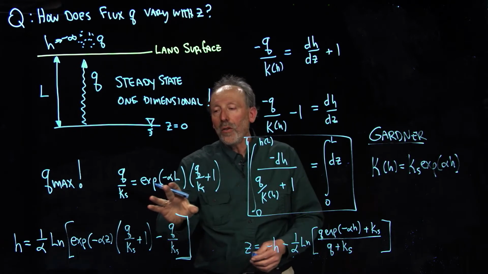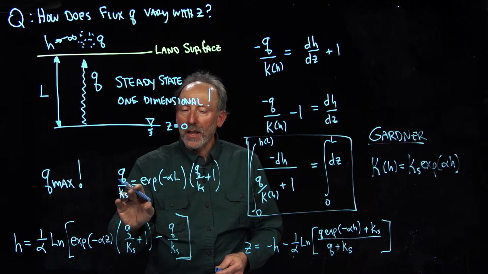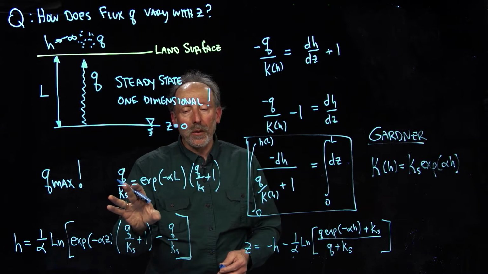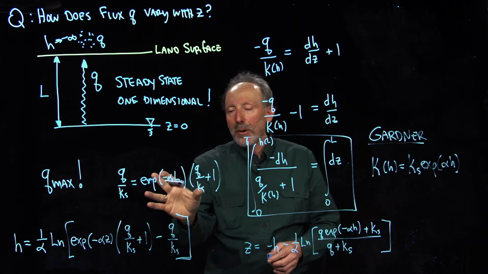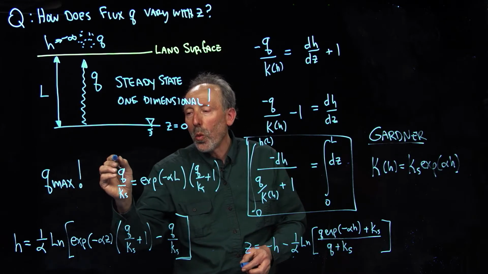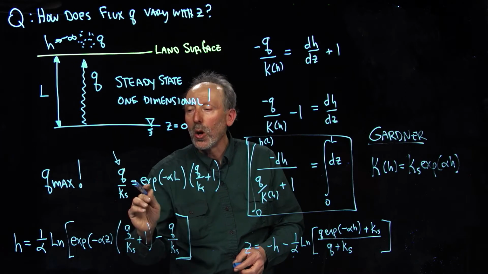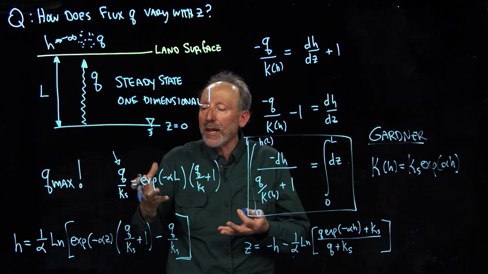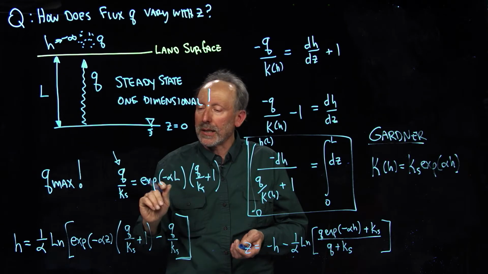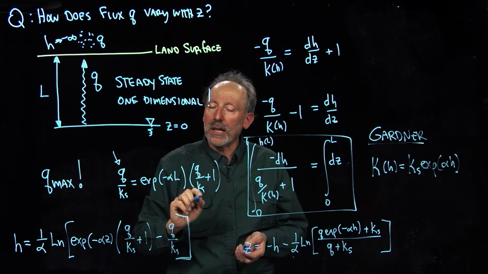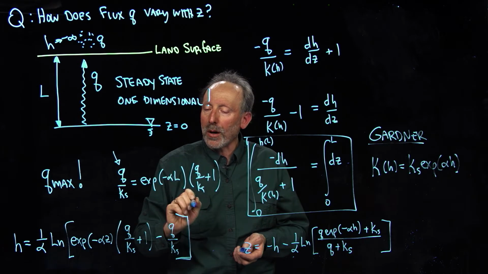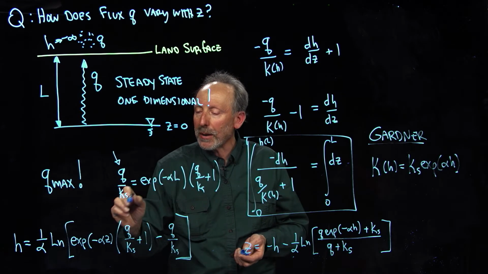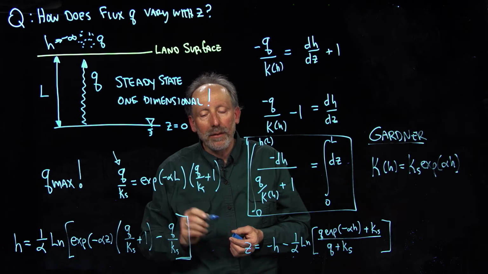Now you can solve this for Q. So we can bring all our Q terms over, and we can get an expression which explicitly tells us what the flux will be when we put a totally dry surface at the surface of a system. And it'll say that's what the flux is going to be for a particular depth of water table, a particular soil type as represented by this conductivity and that alpha.